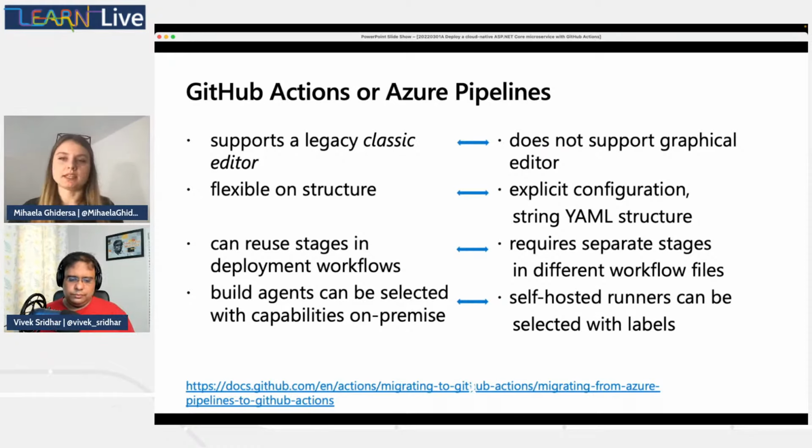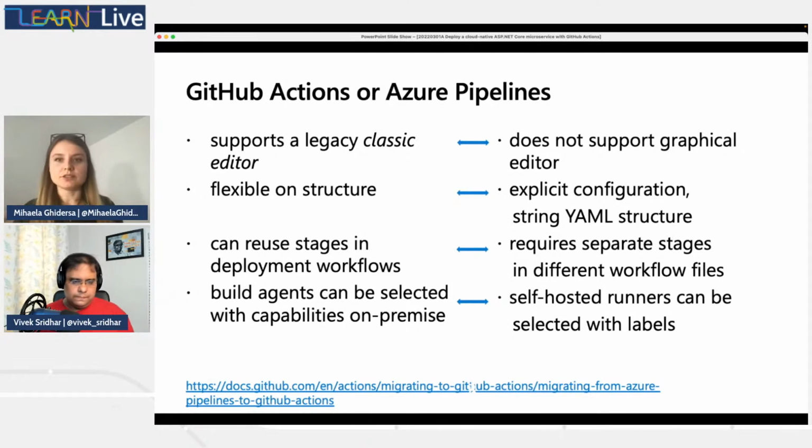For example, when we are discussing Azure Pipelines, we have that interface that helps us a lot when we have to define some configuration in our workflow. Instead of just creating some YAML file, they're allowing us to work with something more friendly, easier to watch.